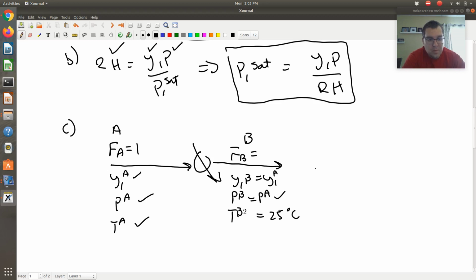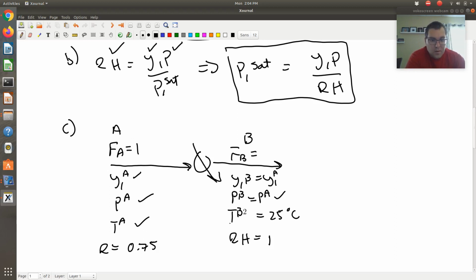Because here I have a relative humidity of 0.75, and all that this dew temperature asks is, what do I have to change the temperature to get a relative humidity of 1? And so the vapor composition is actually the same. It's just like dew temperature when we look at a TXY or PXY. It's a theoretical limit in which water begins to condense out.